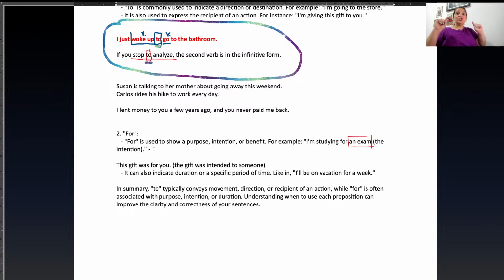I'm studying to do or to take an exam. So in this case, I have two verbs and I have to add to in the middle. So here I go. I'm studying to do an exam.